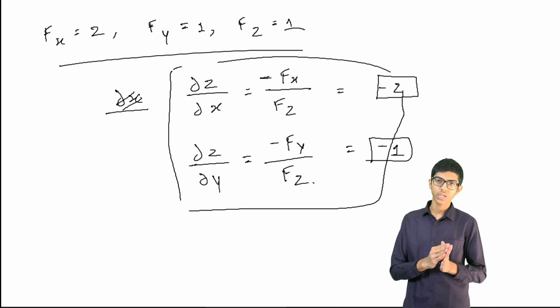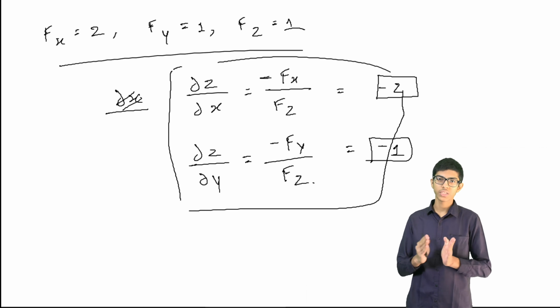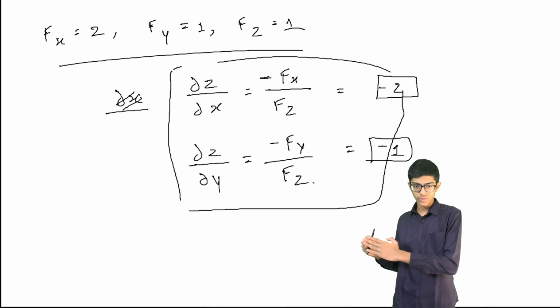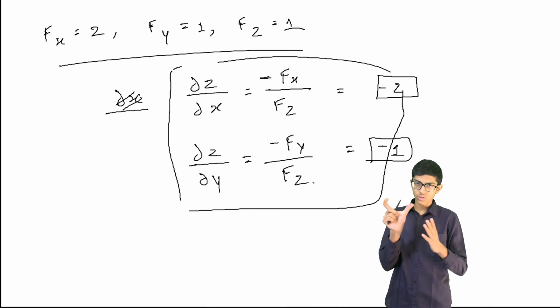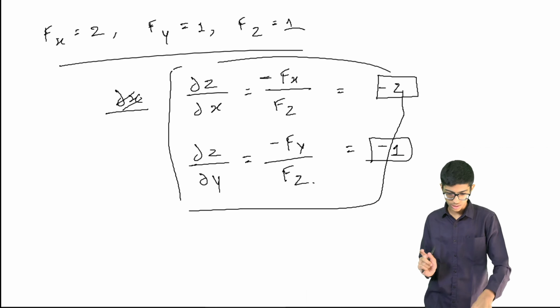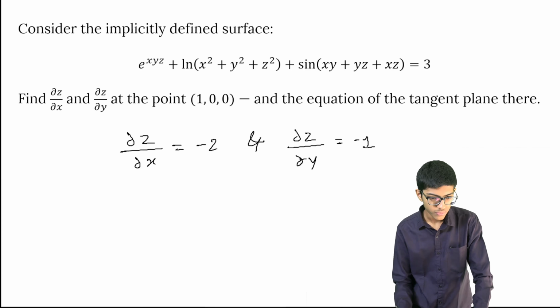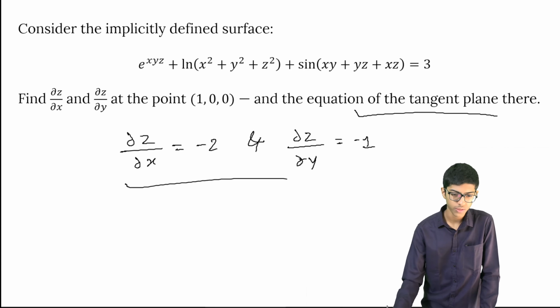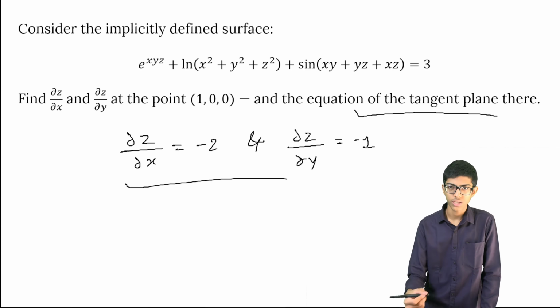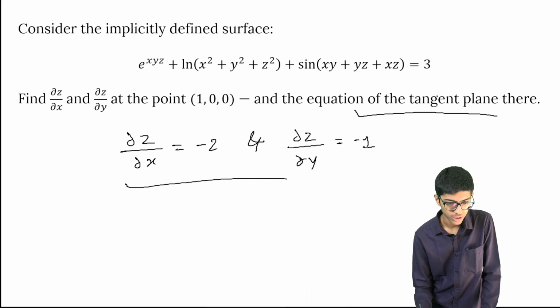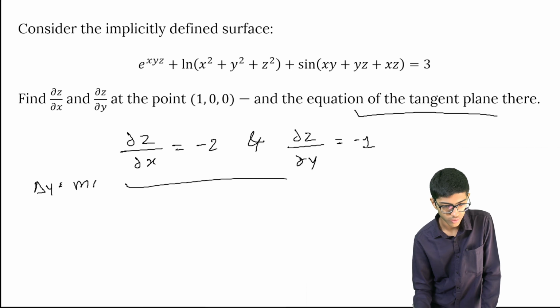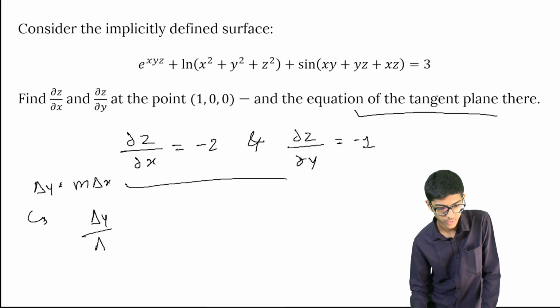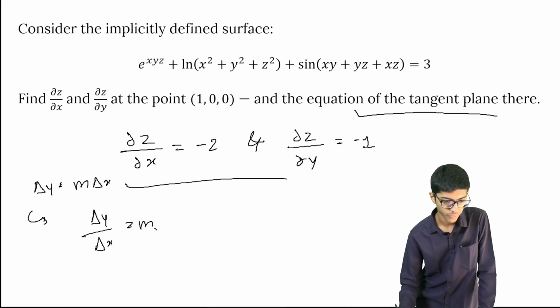So when we calculate the partial derivative of z with respect to y, we hold x as invariant and measure the change caused in z due to changes in y. Now here, in order to find the equation of the tangent plane, as we have in, for example, a two-dimensional plane, delta y equals m delta x, or delta y by delta x equals m.